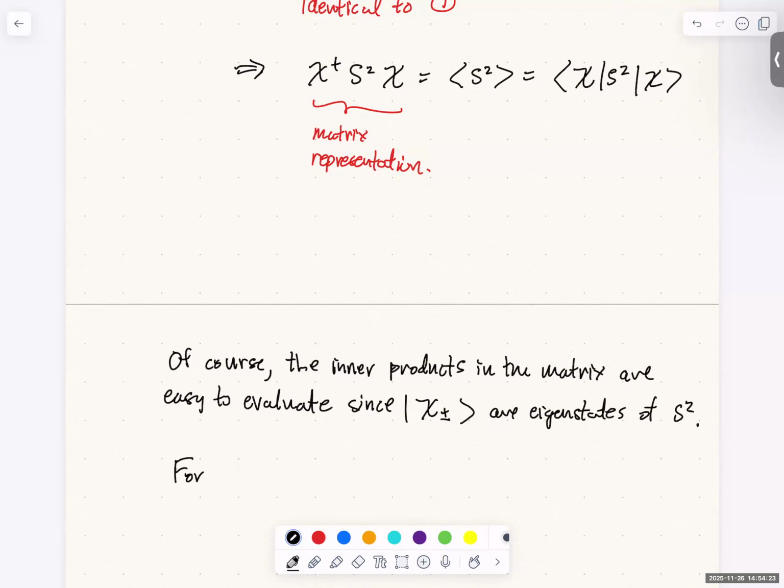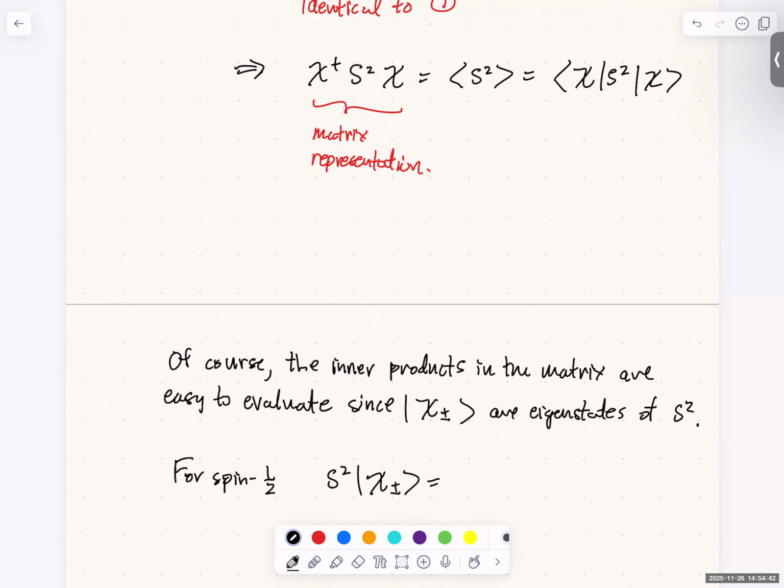So for spin 1/2, S squared acting on chi plus minus is, well, the only difference between chi plus and chi minus is the value of m.